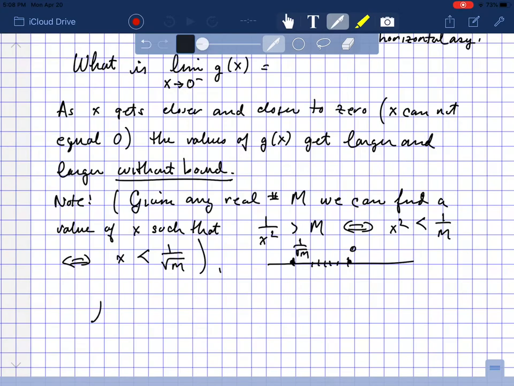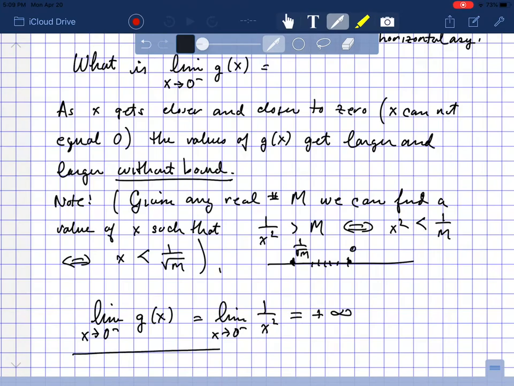And we write in this case that the limit as x approaches 0 from the left of g of x, which is equal to the limit as x goes to 0 from the left of 1 over x squared, because g of x is equal to 1 over x squared, is equal to, now since this is increasing without bound, it keeps on getting bigger and bigger, as big as I can possibly want to make it, we write that this is equal to plus infinity.